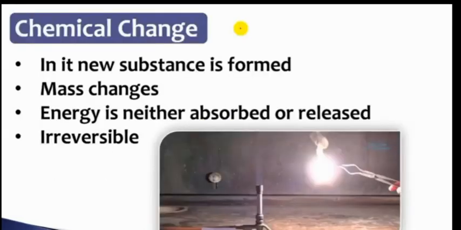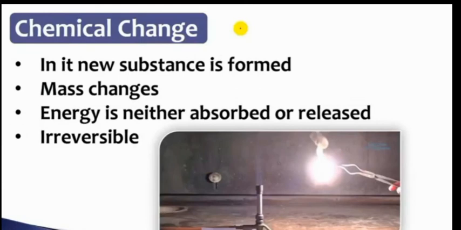Let's start chemical changes. In it, new substances form, mass changes, energy is absorbed or released, and it is irreversible. Means once it changes, it never goes back to the first position. Here you can see the picture, that is burning of magnesium ribbon.